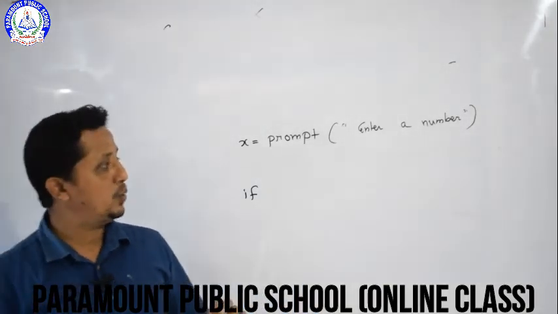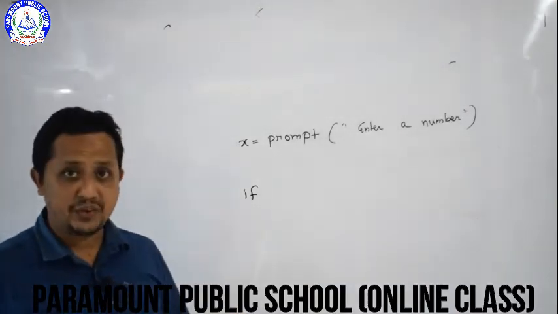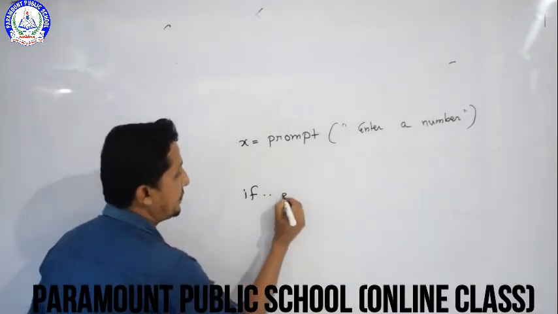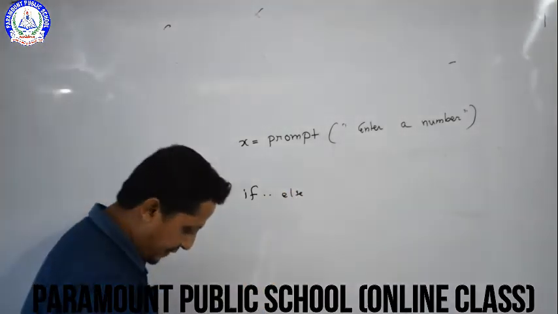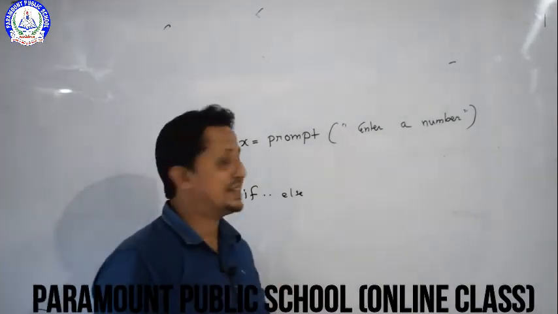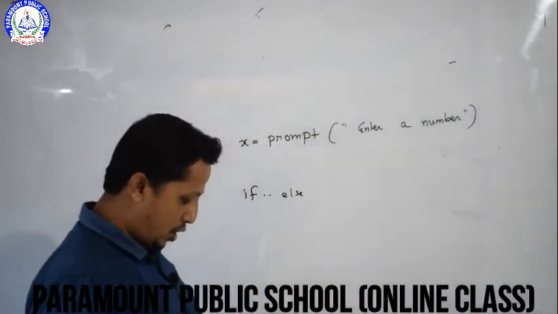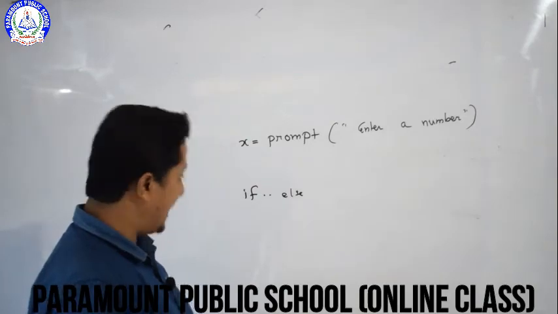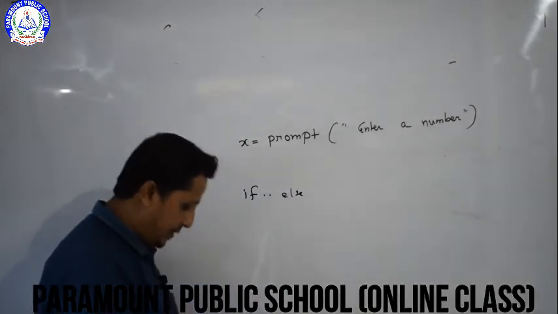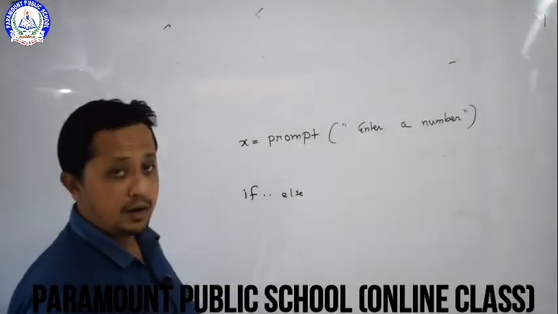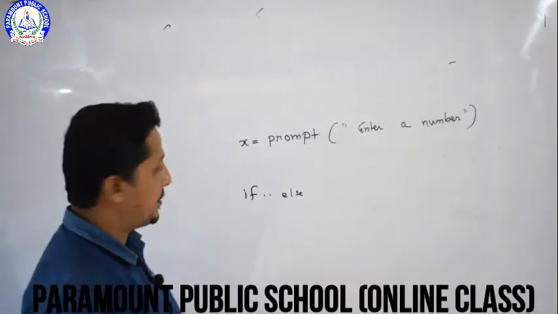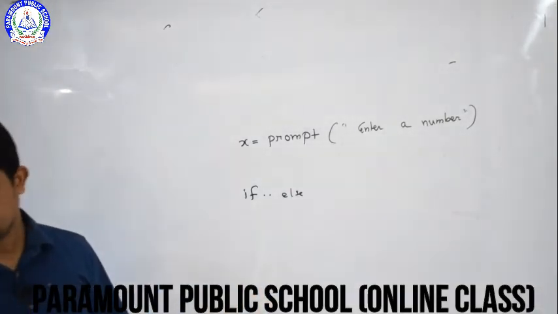I'm just showing you another version of the if statement, and that is if else. The if else statement is used when we have more than one alternative way. So I am showing an example.